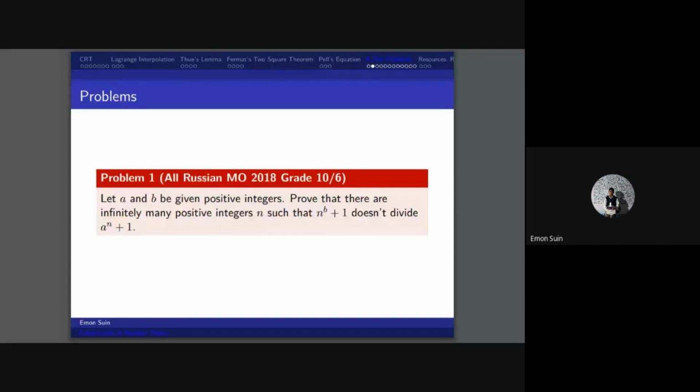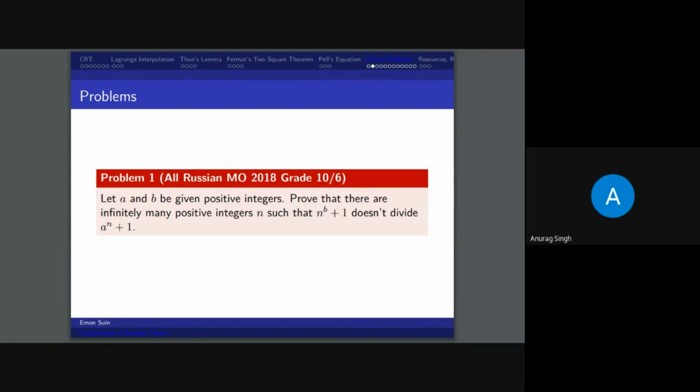That means you have to give a construction for n, not a and b, but you can also give a construction for the prime dividing n to the b plus 1, and if you can prove that there exist infinitely many primes dividing n to the b plus 1 that do not divide a to the n plus 1, then you can prove it that way. But I think constructions of a and b will not work, because a and b can be any given positive integers. So you have to basically give a construction of n. Can I tell? Yeah, go on.